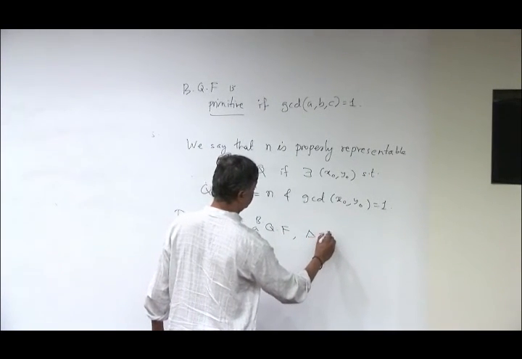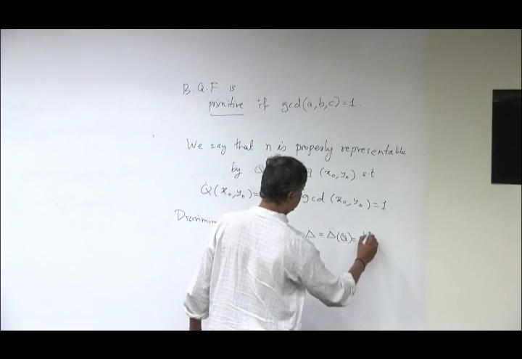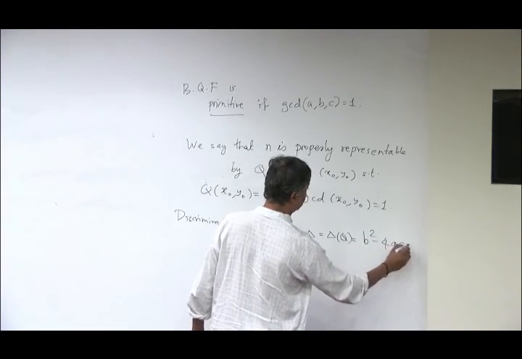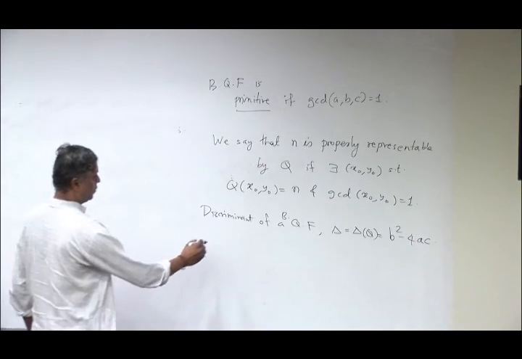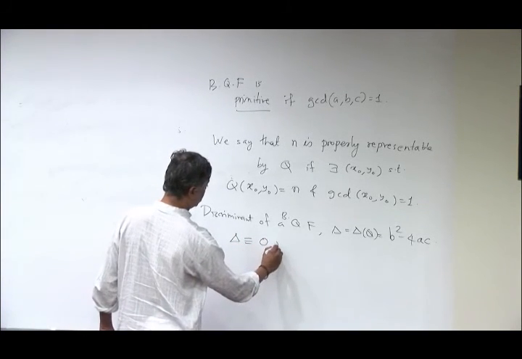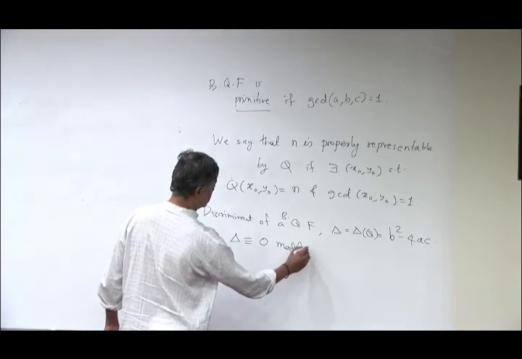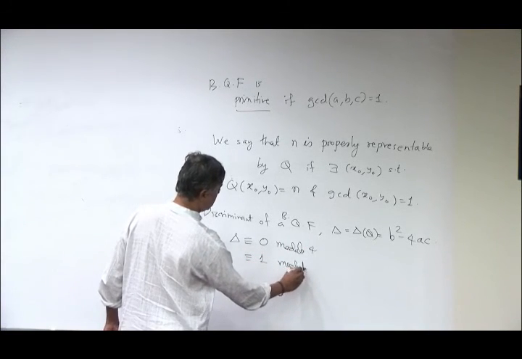Delta Q is by definition b square minus 4ac. And then one can check that delta is always going to be either 0 modulo 4, so divisible by 4, or leaves the remainder 1 when divided by 4.